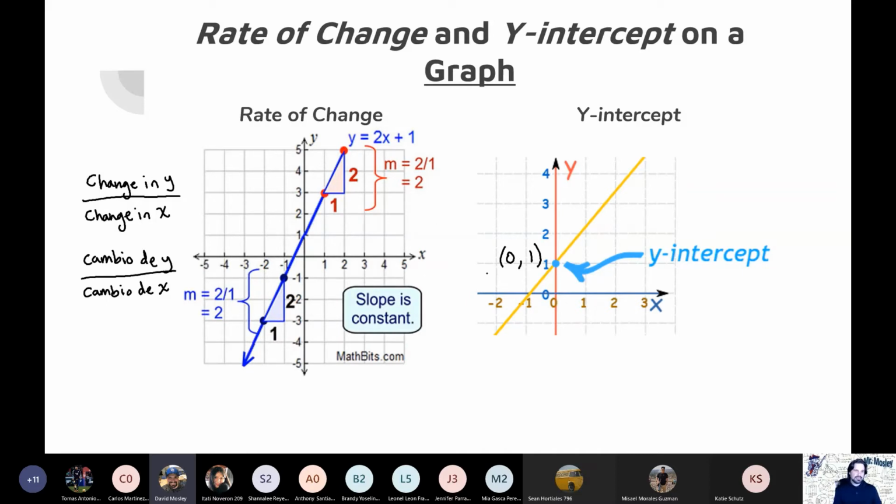De coordenadas es 0, 1. 0 es el valor de x aquí. X es 0 aquí. Y 1 es el valor de y aquí. De coordenadas 0, 1.